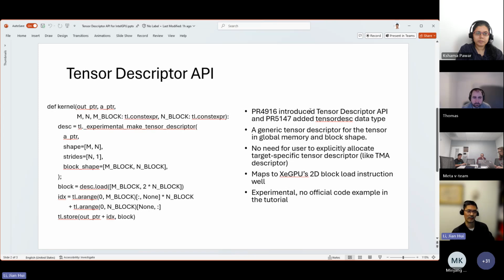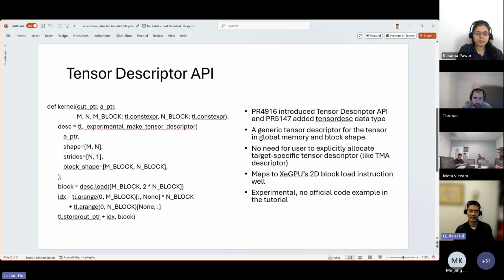Here, the pointer sent through this kernel is just a pointer to the tensor buffer, with no target-specific pointer. Previously there was a TMA descriptor pointer. So overall, we like this one a lot.